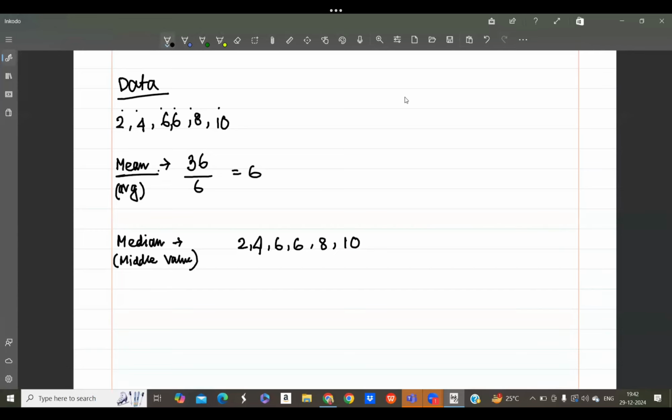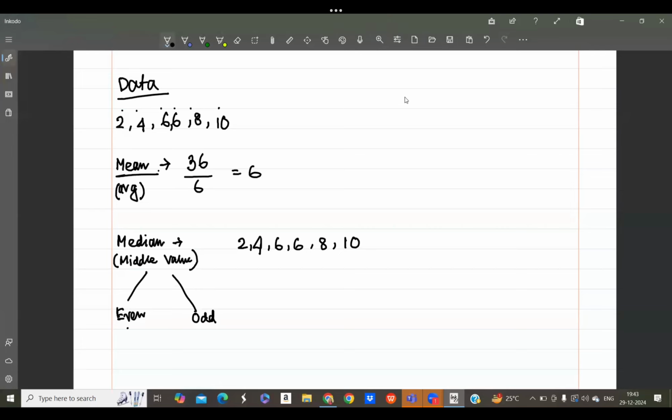Okay. In median, we have two formulas. Okay. One, if you have even number. Another one, if you have odd number. Okay. So how many data points we have? We have 6 data points. It means it is an even number.